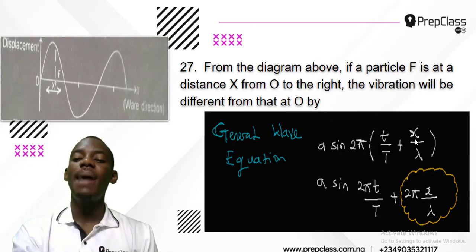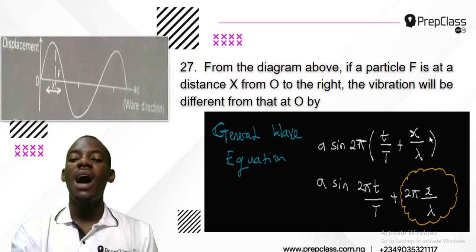I multiply in the 2 pi, and I will have A sine 2 pi t over T plus 2 pi x over lambda.